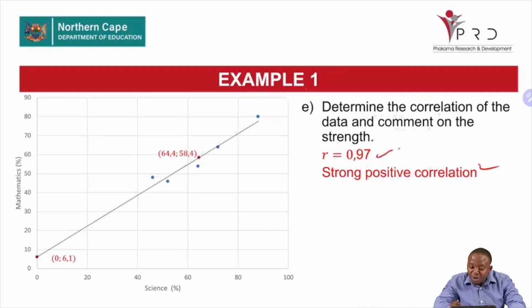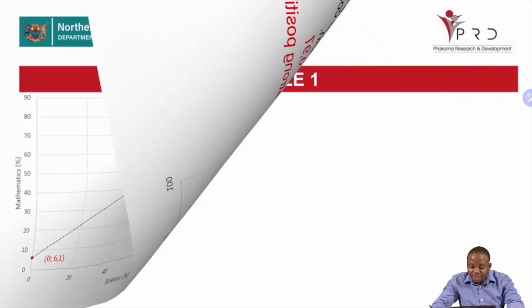So we'll use this R when we extrapolate and interpolate: when R is giving us a strong value, whether a strong negative or a strong positive, then the equation is bound to give us estimates that are reliable. So that's what we are doing in this case.